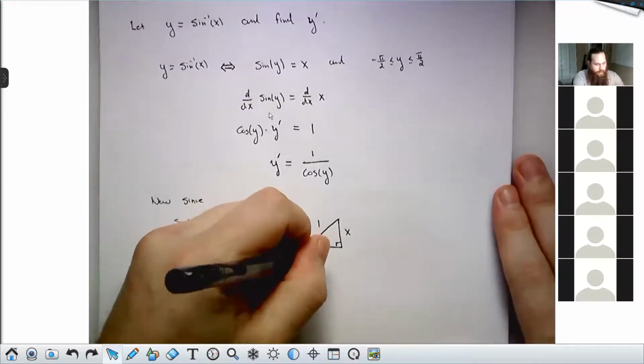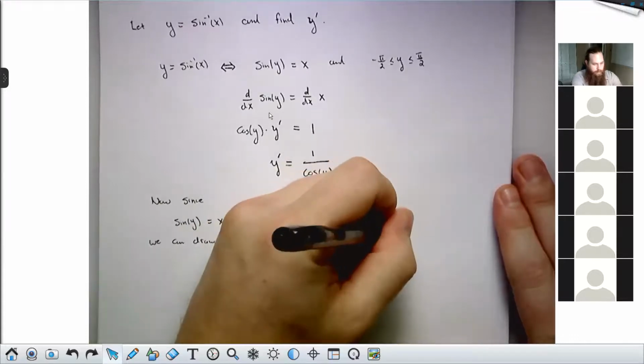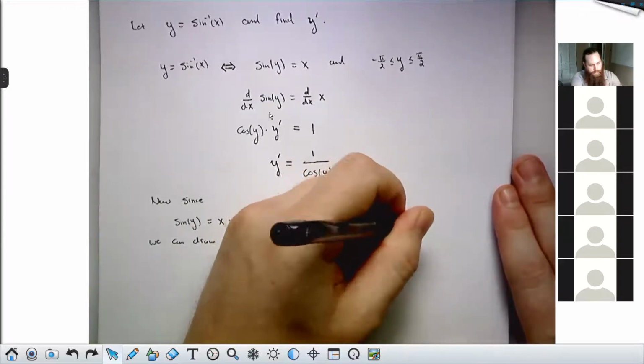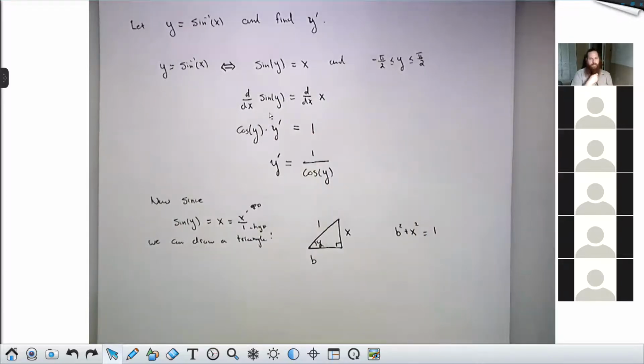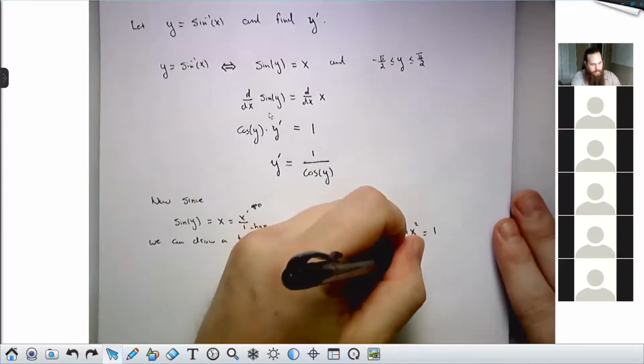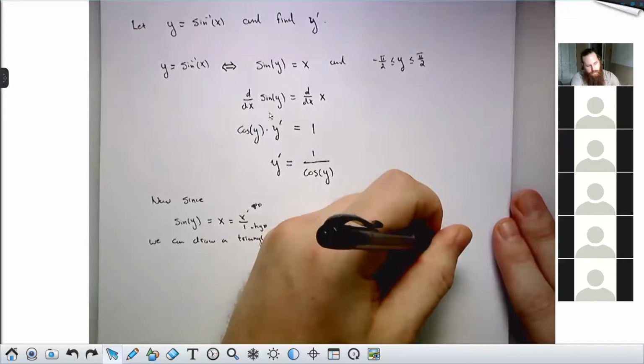This side down here, I'll just call b. And we know that b squared plus x squared equals 1 squared. 1 squared is 1. So b has to be the square root of 1 minus x squared.